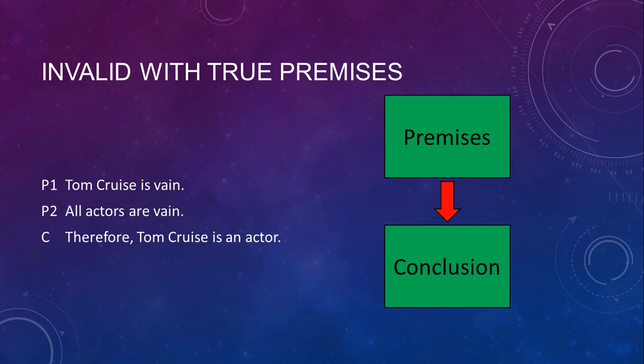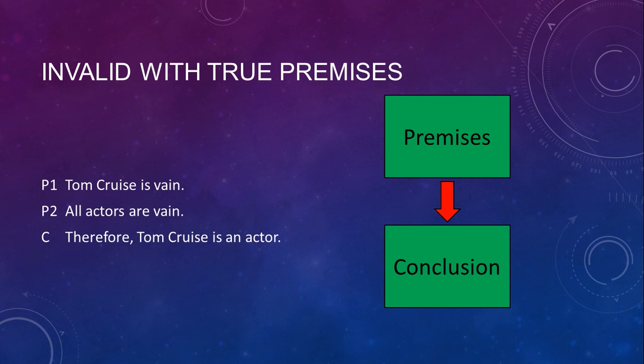Yeah? The strength of the inference and the conclusion is to a lesser strength, would it be more valid? Aha, okay, I think I know what you're thinking. Tom Cruise is vain, all actors are vain, therefore probably Tom Cruise is an actor. Then you could get a reasonable inductive argument.